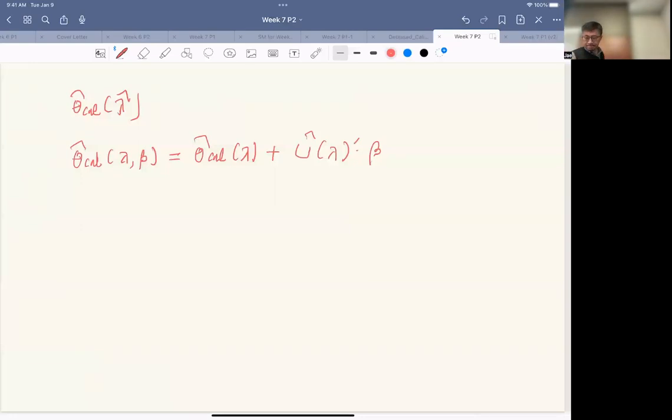Okay. And then it satisfies two properties. The first property is at lambda equal lambda hat, beta hat calibration, beta equal to beta hat lambda. Right? At lambda equal lambda hat, the second term is 0.